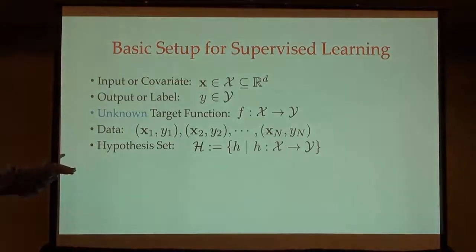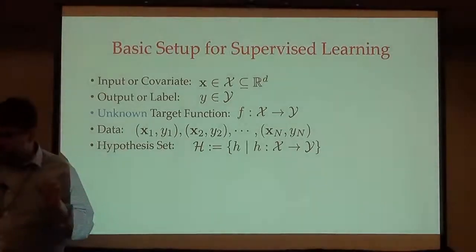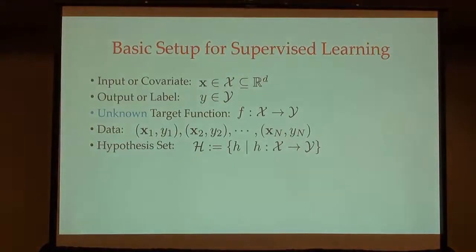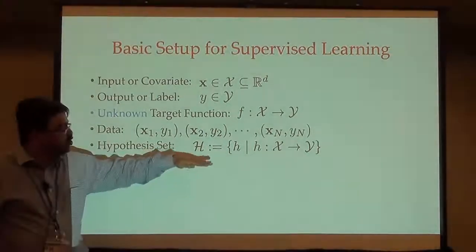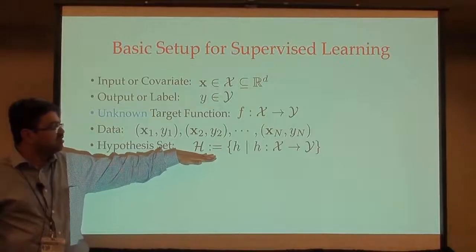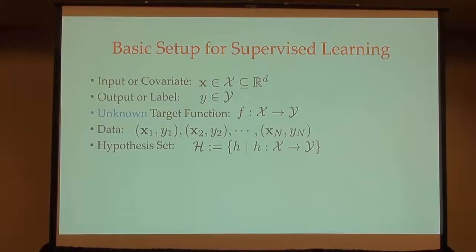The next thing you have is the hypothesis set. I started by saying that supervised learning is a function approximation problem, and usually what people do in learning is to make the problem well posed. They assume some sort of functional form, making some assumption on what the possible class of functions approximating the unknown function can be.